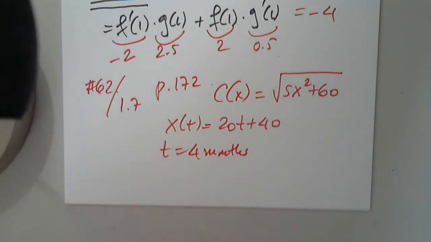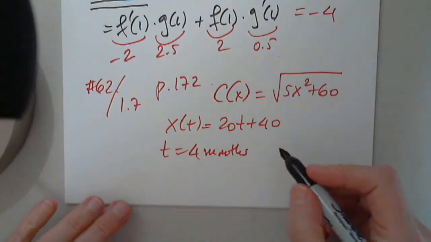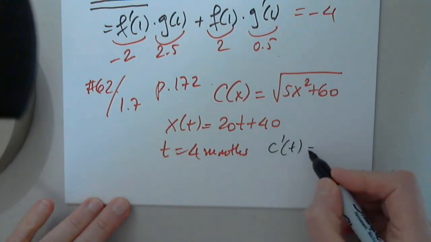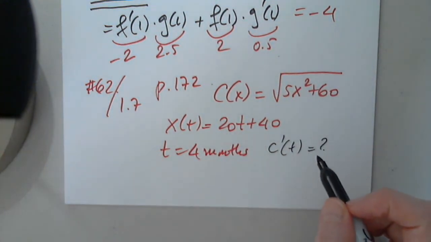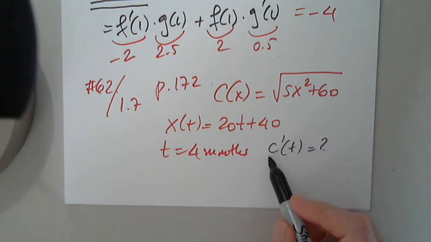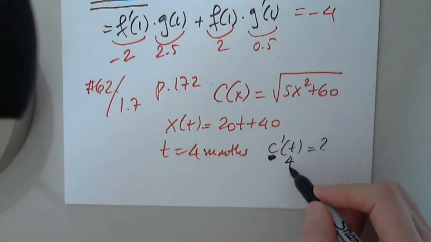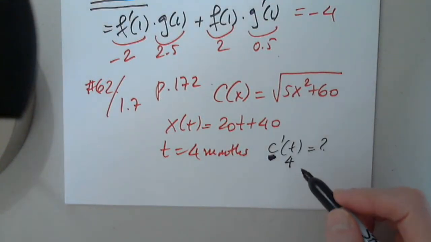So what I'm asked to find is c prime of t. One more time, let's read the question. It reads, how fast will costs be rising 4 months from now?